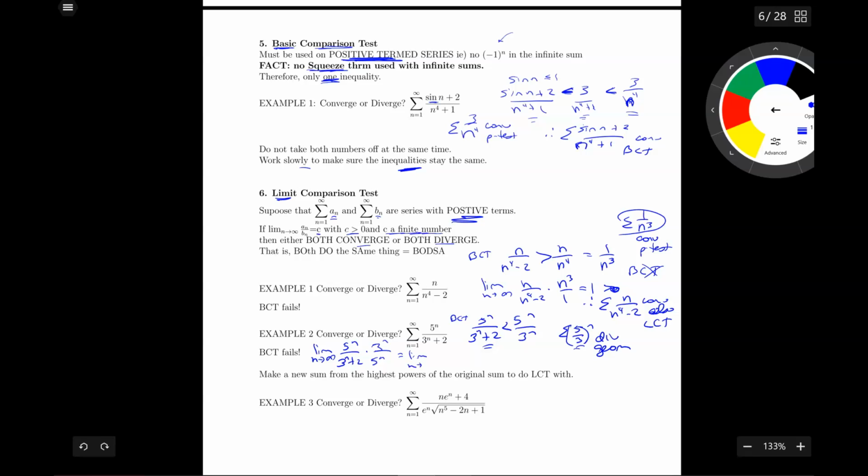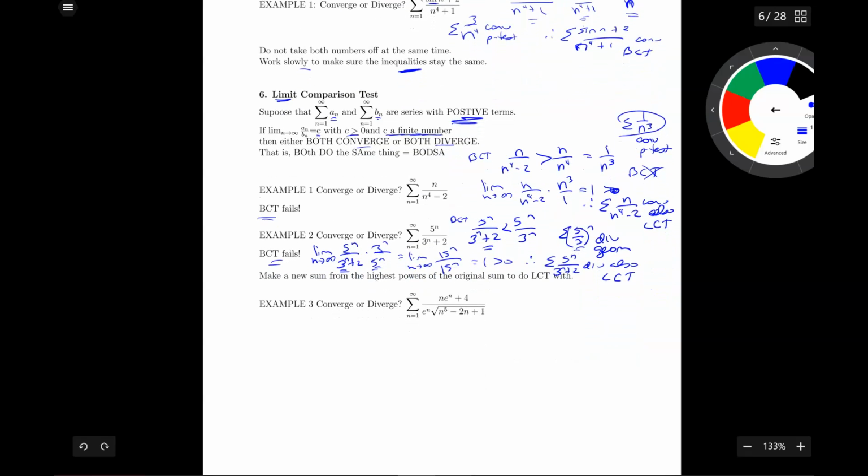Taking the limit as n goes to infinity, I'd get 15 to the n over 15 to the n, right? Because I would take highest powers, so that gives me a 1. That's bigger than 0. They both do the same thing, so that must mean this one diverges also by LCT. So these were two cases where the BCT failed, and the limit comparison test came to the rescue.